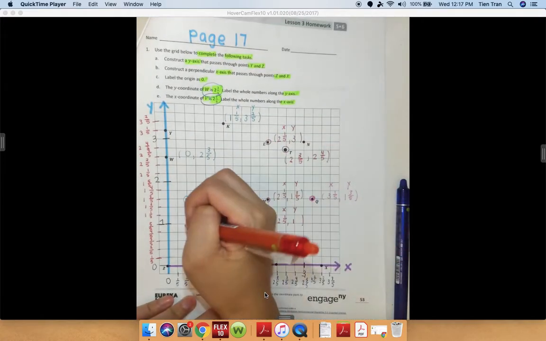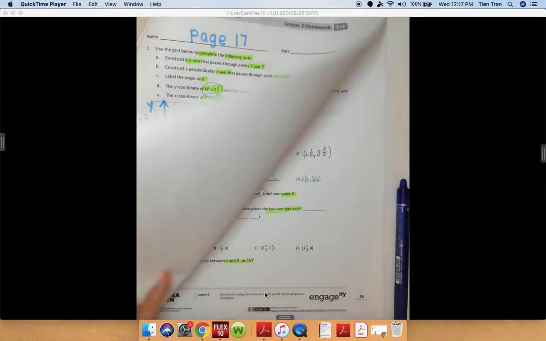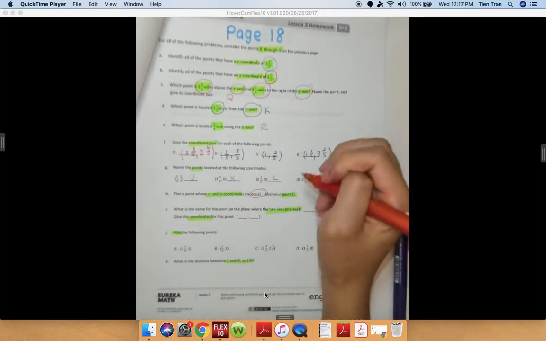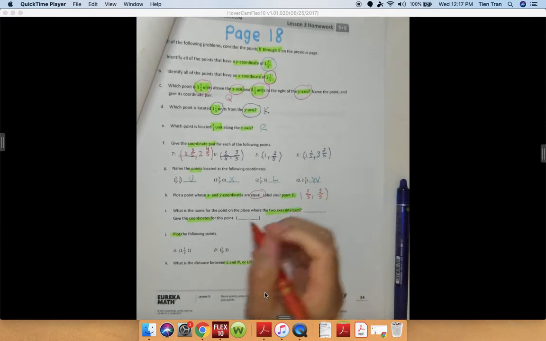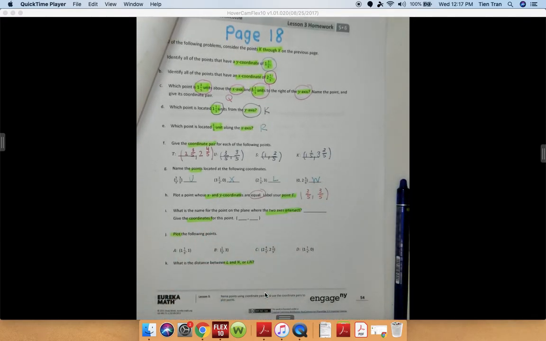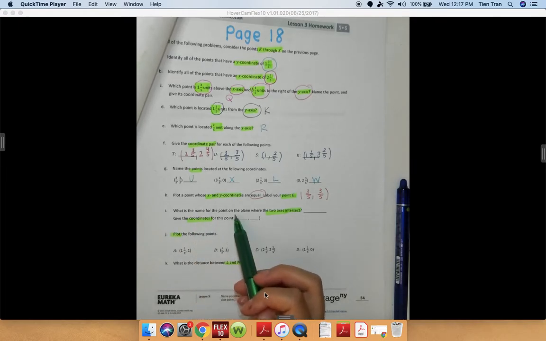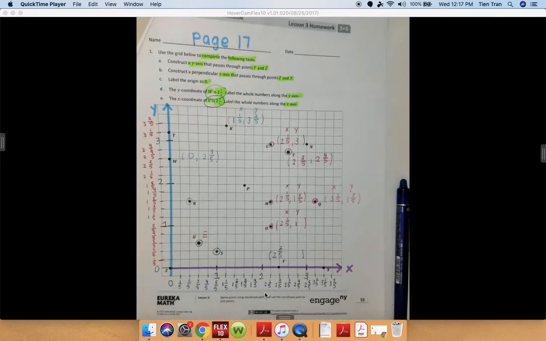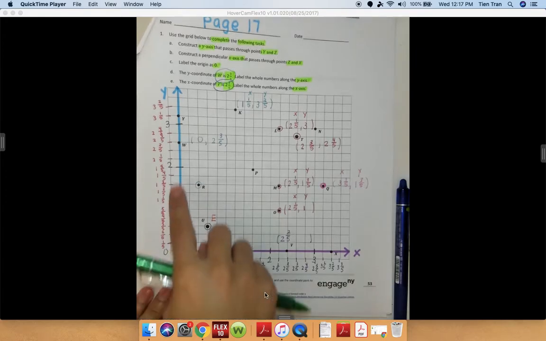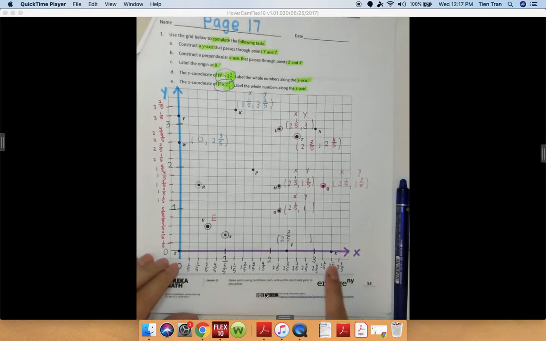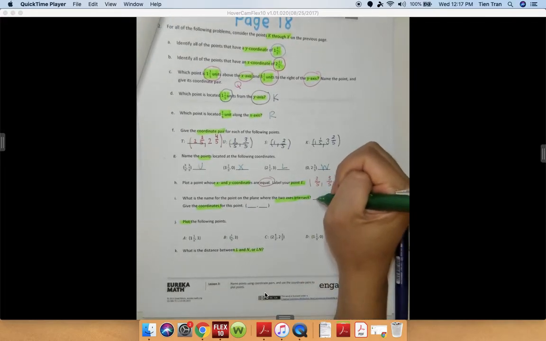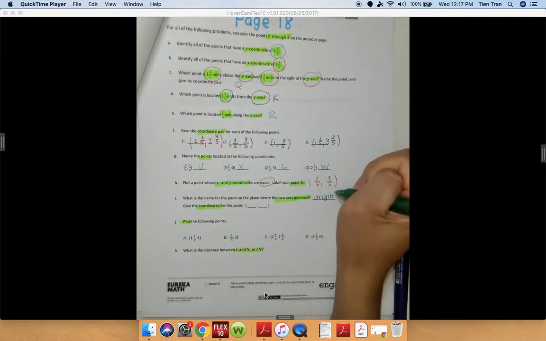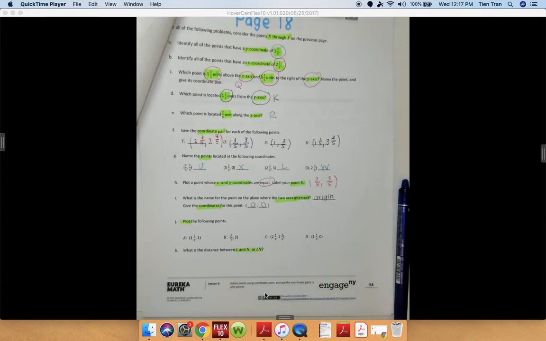I'm going to use that one. So I'm going to say this one is also called E. And because it says 3/5 and 3/5, they're equal to each other. Now for I. It says, what is the name for the point on the plane where two axes intersect? So this is the two axes that intersect, and that is called the origin. So I'm going to write down origin, and it is 0, 0 for the location.